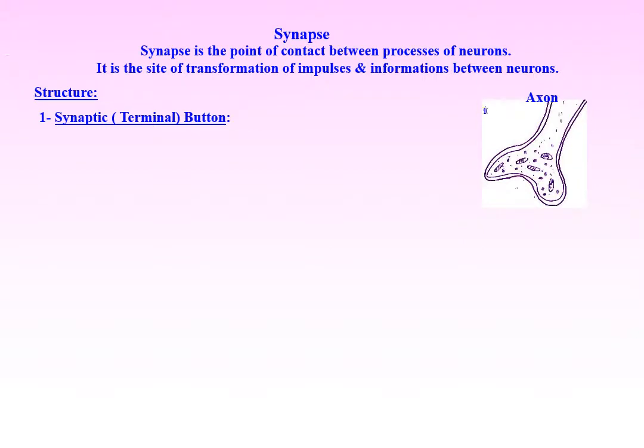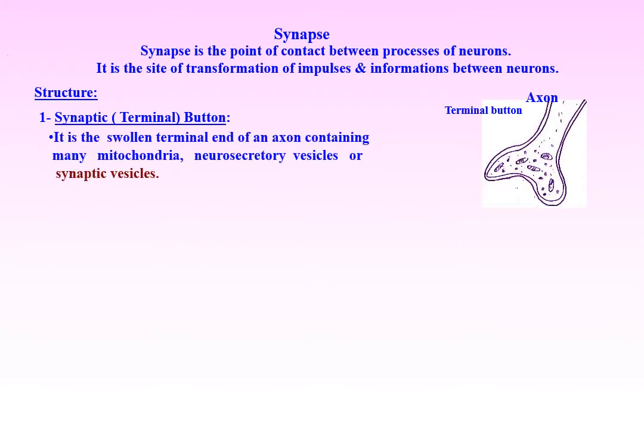The axon at its termination at the site of synapse is swollen and contains many mitochondria and neurosecretory or synaptic vesicles, containing neurotransmitter substances such as dopamine, acetylcholine, norepinephrine, and enkephalins.